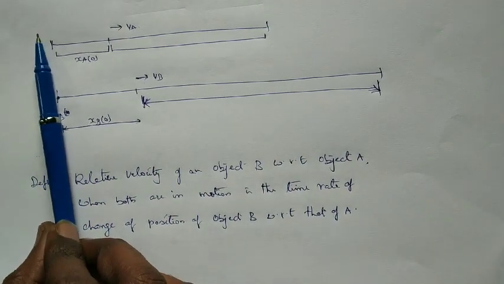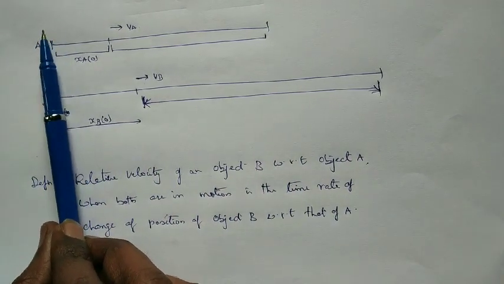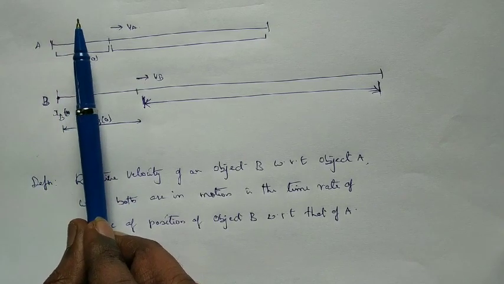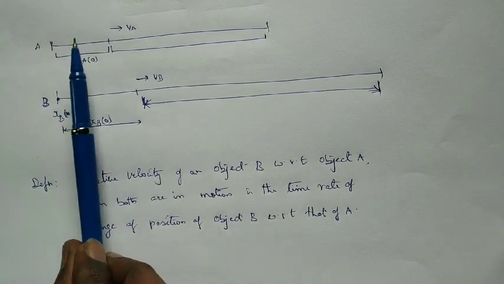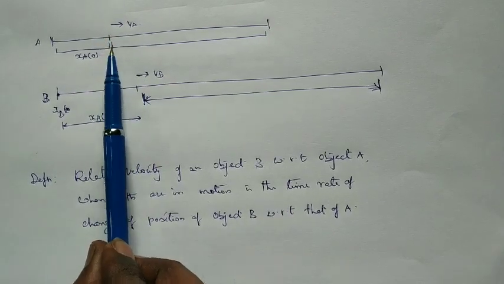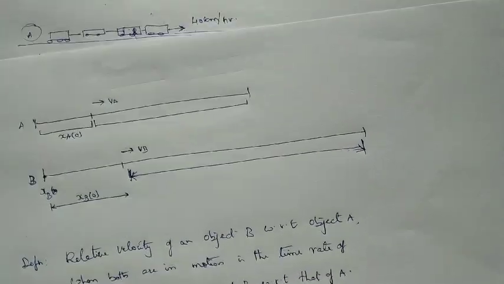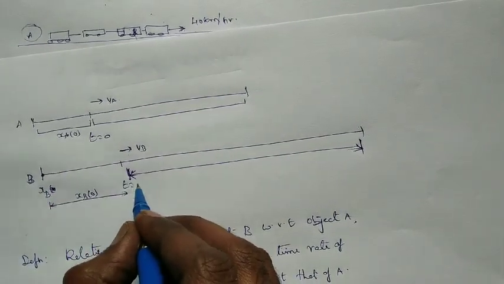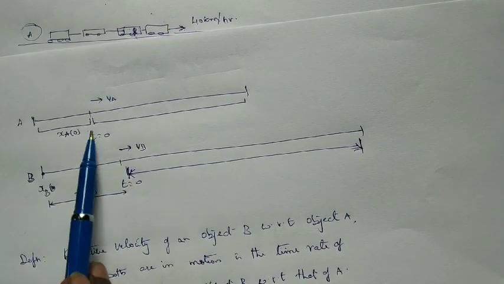They have already started accelerating, and afterwards they go to a uniform velocity after an appreciable time. Now you start a clock at this point of time. Here is time t equal to 0.